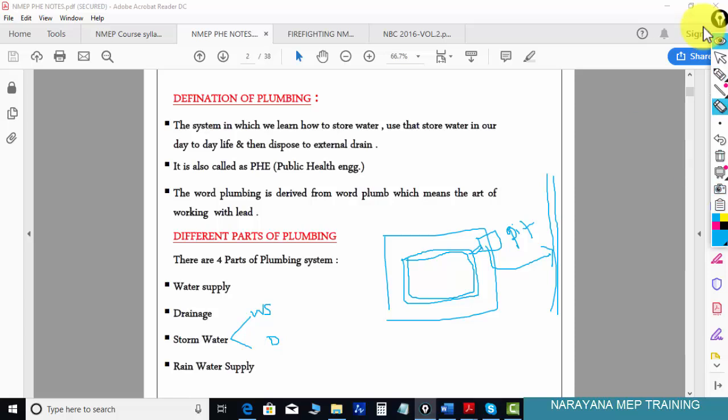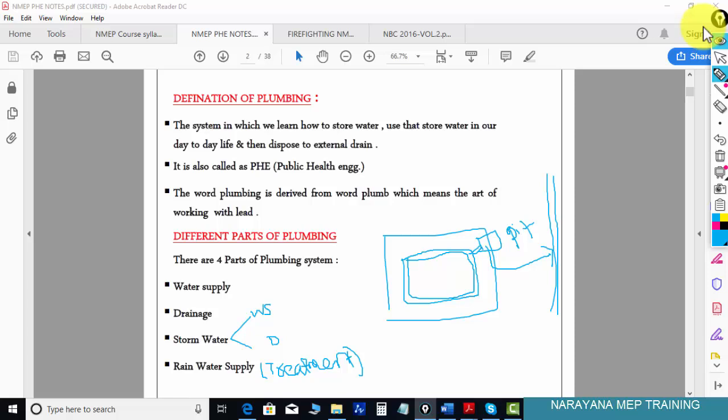Water supply and drainage: this water we will use for treating. So this is the difference between these two. Clear? This is very important and very basic, and even experienced people don't know the difference between this.